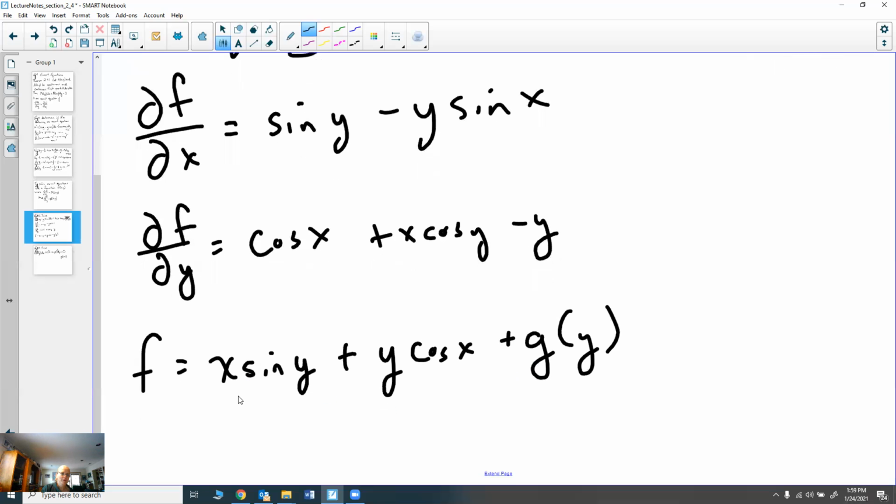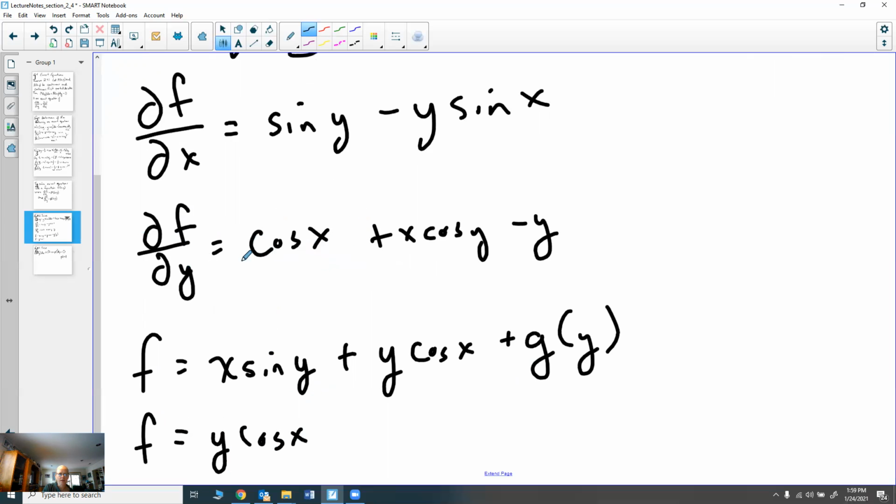We're going to do the same thing with the other one. We're going to take the integral of the partial derivative of f with respect to y, taking the integral of both sides with respect to y. So we're going to get f is equal to, again, x is my constant, y is my variable. So we're going to have y cosine x.